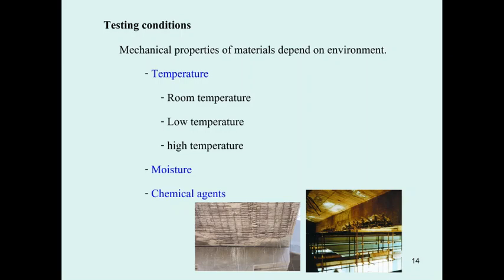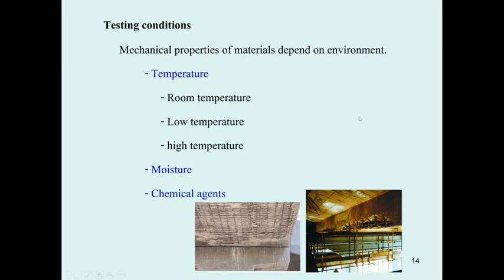At room temperature, the steel may be a ductile material. However, if you use that steel in very cold regions such as near the North Pole or near the South Pole, the steel may change to a brittle material.